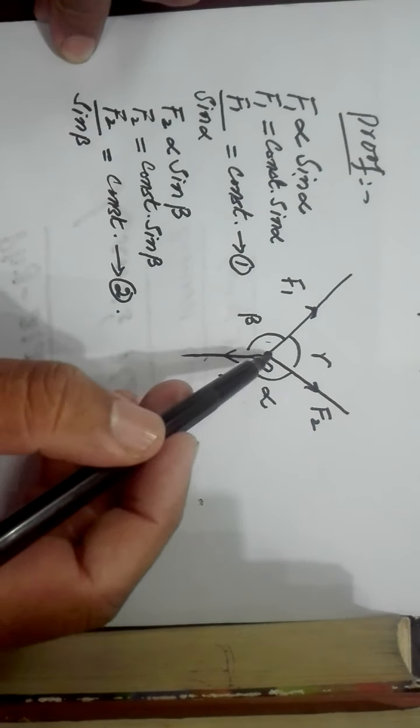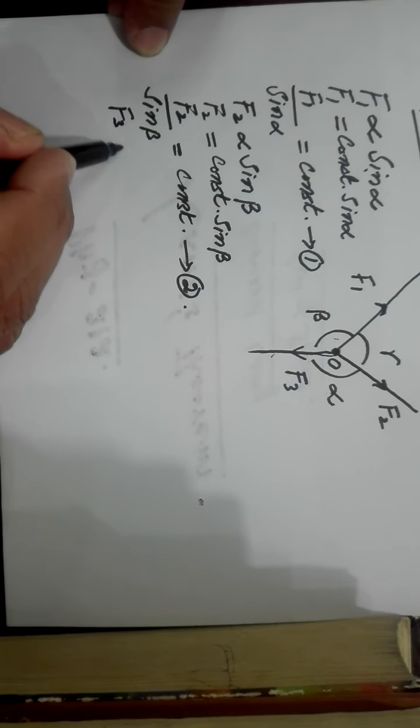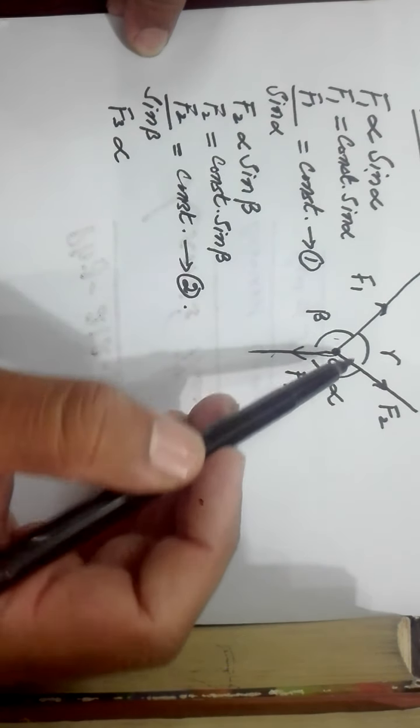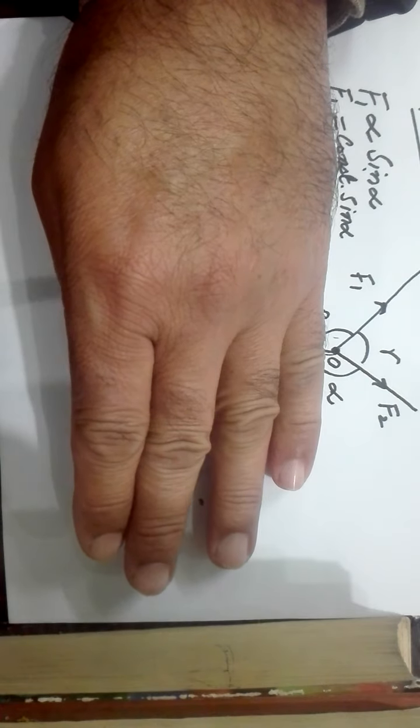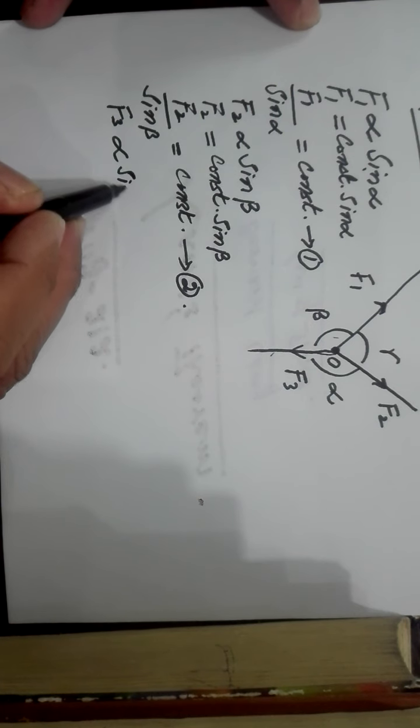This is equation number 2. Similarly, if we take the third force F3, that will be directly proportional to the sine of the angle between the other two forces. Now remove F3 and the angle between the other two forces would be gamma. So it will become sine of gamma.